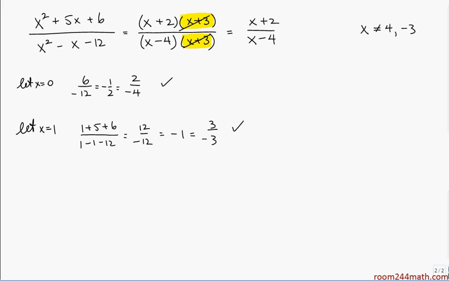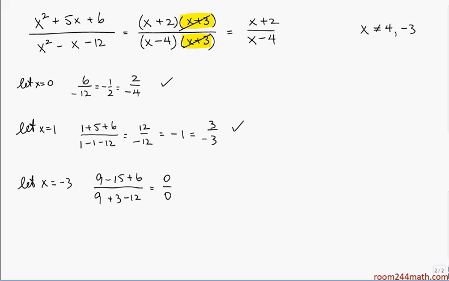Now, let's just try plugging in one of the restrictions to see what happens. If we let x equal negative 3, the left-hand side becomes 9 minus 15 plus 6 over 9 plus 3 minus 12. And that's equal to 0 over 0.